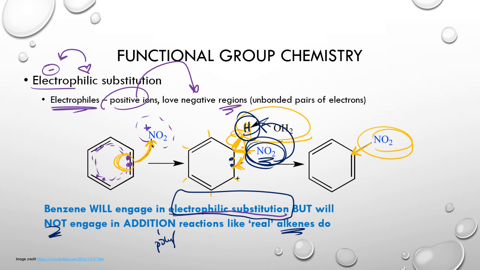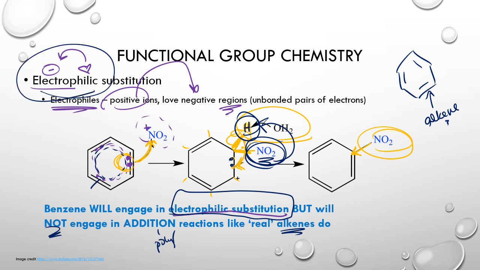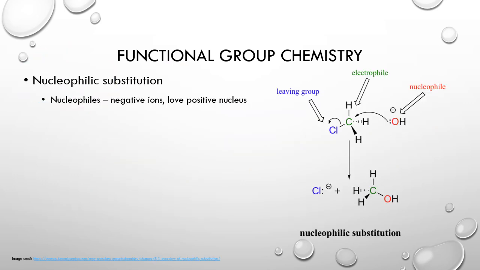This is not a thing that benzene's going to do, even though it ends with an ene, and even though sometimes we draw it like it's got those double bonds like an alkene. It's not really a real alkene because it has that resonance structure. Not really double bonds, but more like 1.5-ish bonds. Good? Good. All right. So you can probably guess that if we've got electrophilic reactions, we've also got nucleophilic reactions.